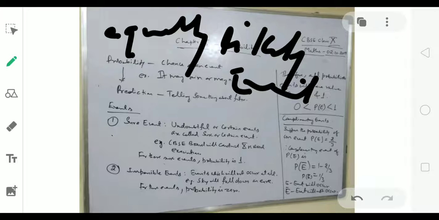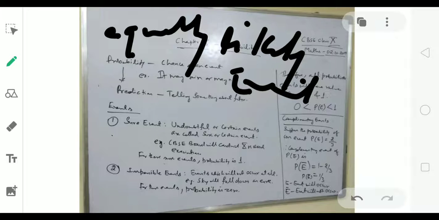And an example of equally likely events, I can say, is tossing of a coin. In that coin, either we may get head or we may get tail. The chance of getting head is 1 by 2. The chance of getting tail is also 1 by 2. That's why the coin is taken to choose the team while playing cricket, that which one will go for batting first, which one will go for bowling first.